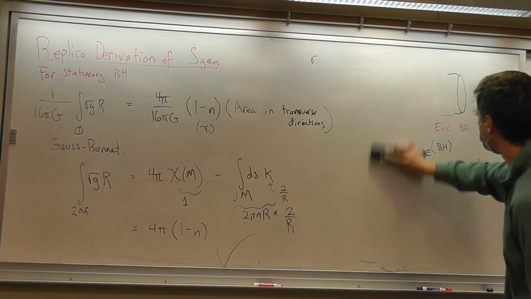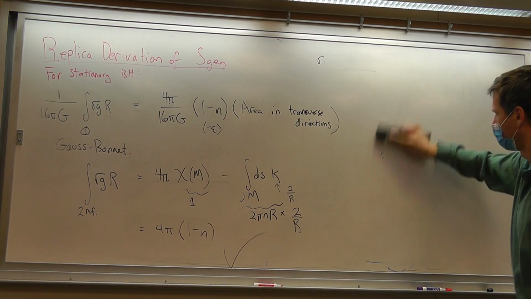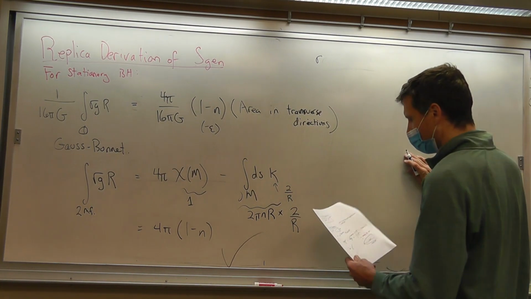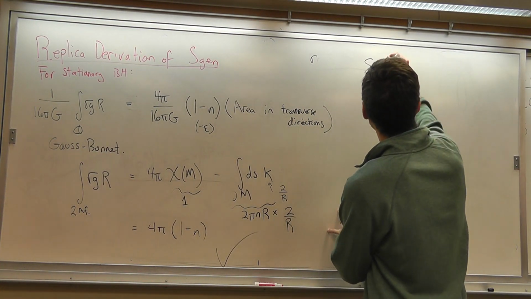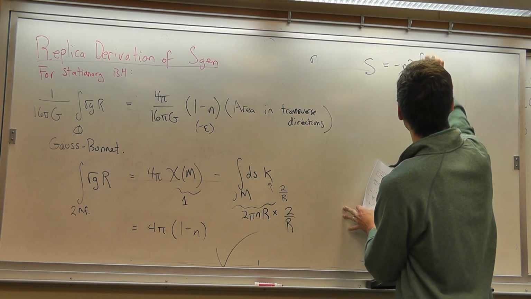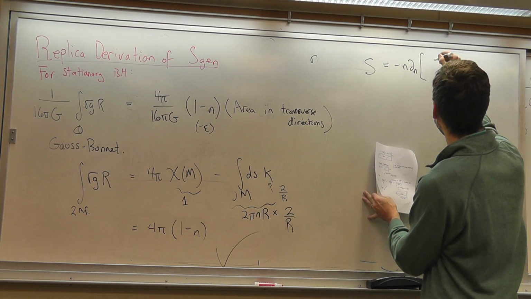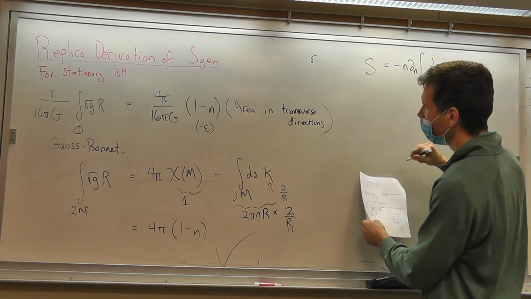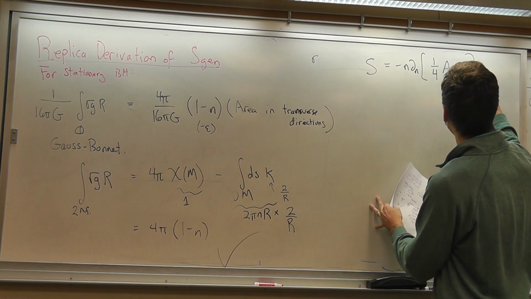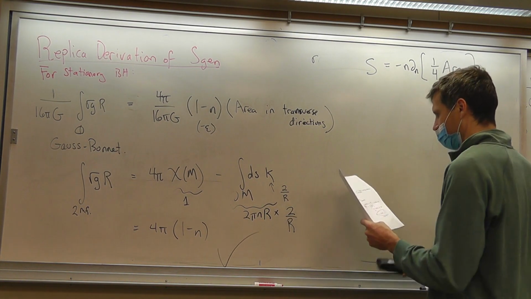Okay, so putting it all together, we can now go back to our replica trick, which says that the von Neumann entropy is minus n dn of the calculation we just did, which gave 1/4 of the area times 1 minus n.